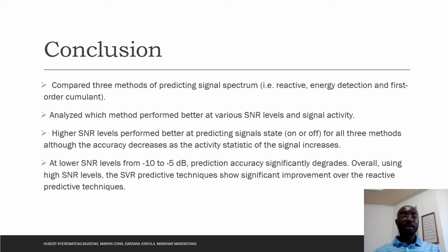At lower SNR levels from -10 to -5 dBm, prediction accuracy significantly degrades. Overall, using high SNR levels, the SVR predictive techniques showed significant improvement over the reactive predictive techniques.